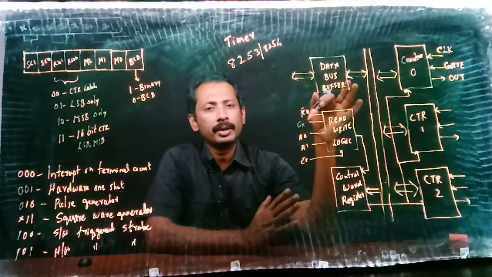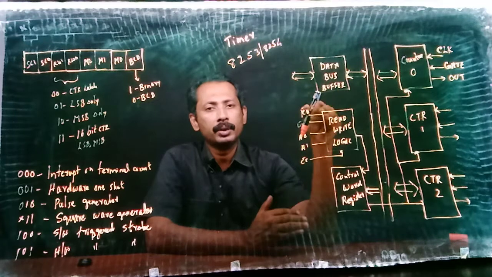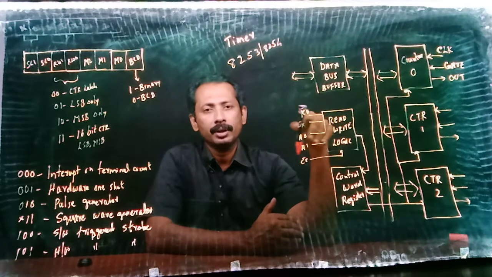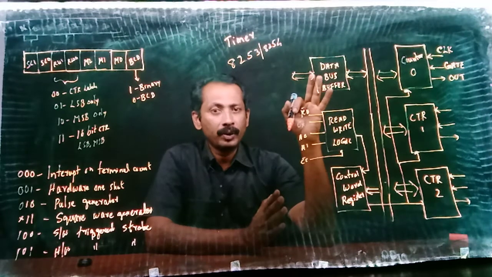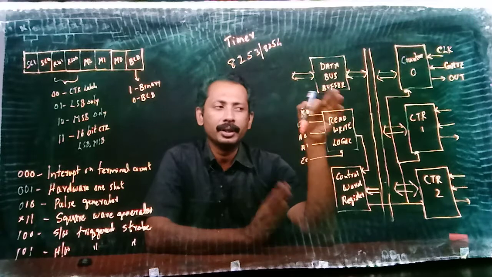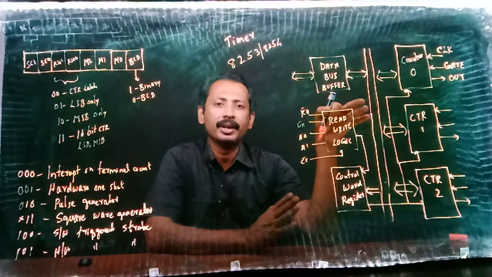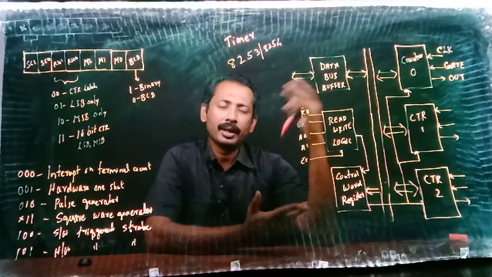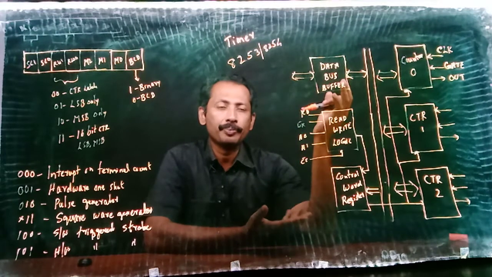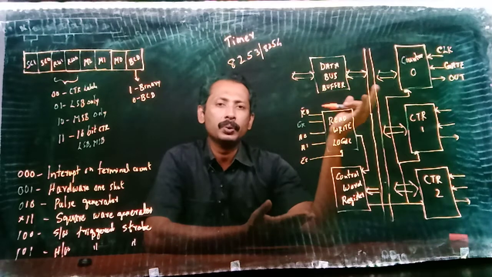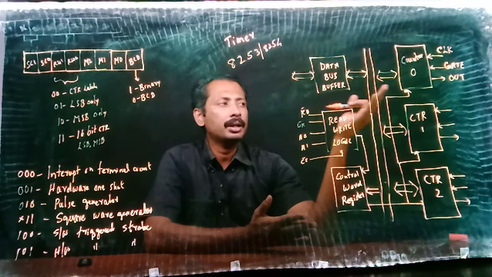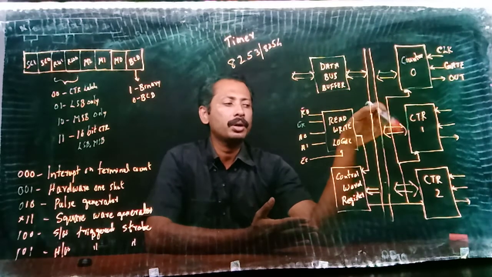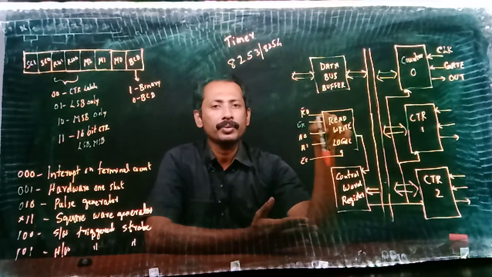Here also I can assume the addresses as 80, 81, 82, and 83. If 8255 has the address 80, then this will have a different address. For example, 90, 91, 92, 93 are the addresses for counter 0, counter 1, counter 2, and the control register.